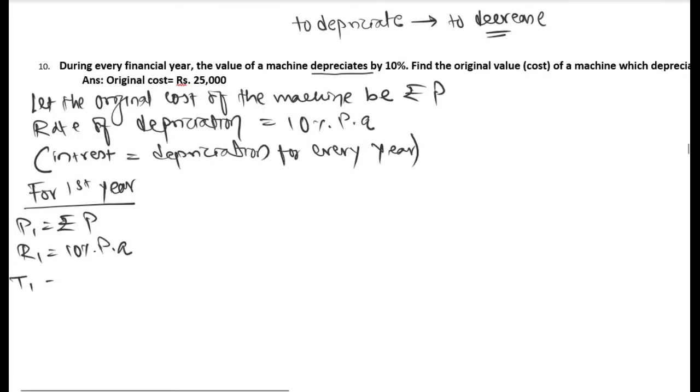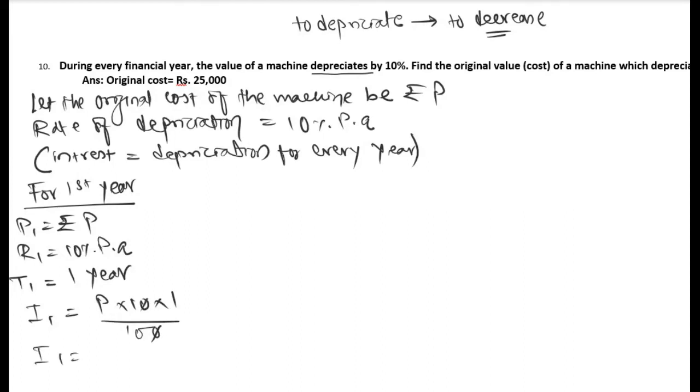T1 is equal to 1 year. So we'll find I1. P1 into R1 into T1 upon 100. So I1 is equal to rupees P by 10.